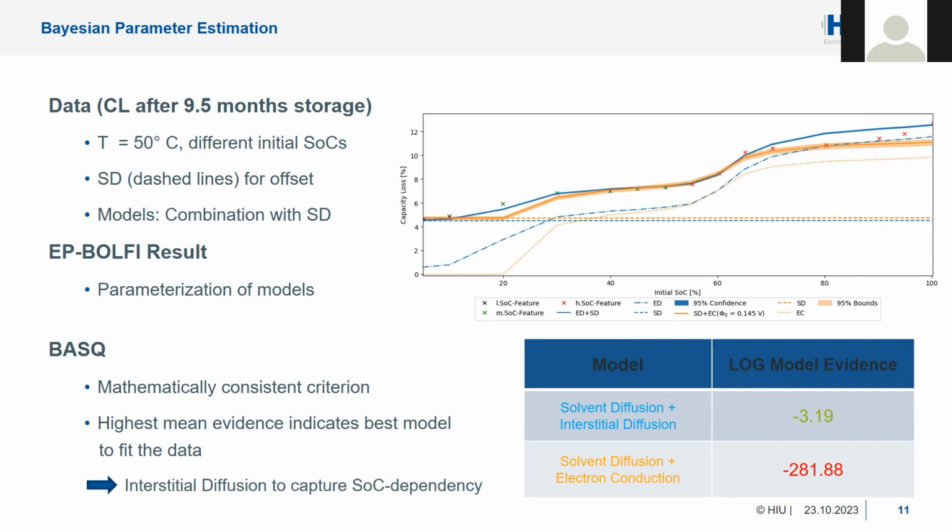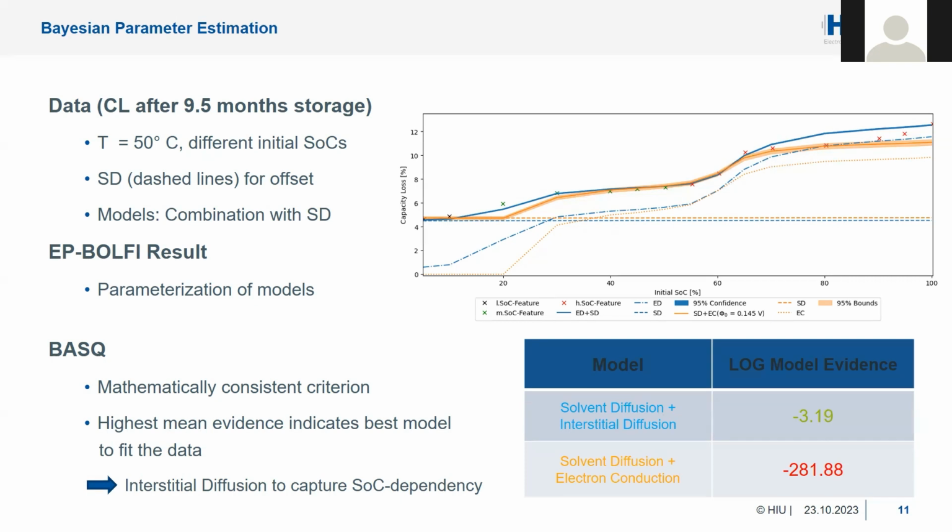And so we run it here on the real storage data, and we compare two combinations: solvent diffusion together with electron diffusion, and solvent diffusion together with electron conduction. And what I show here is the logarithm of the model evidence, and you can clearly see that this one is higher.